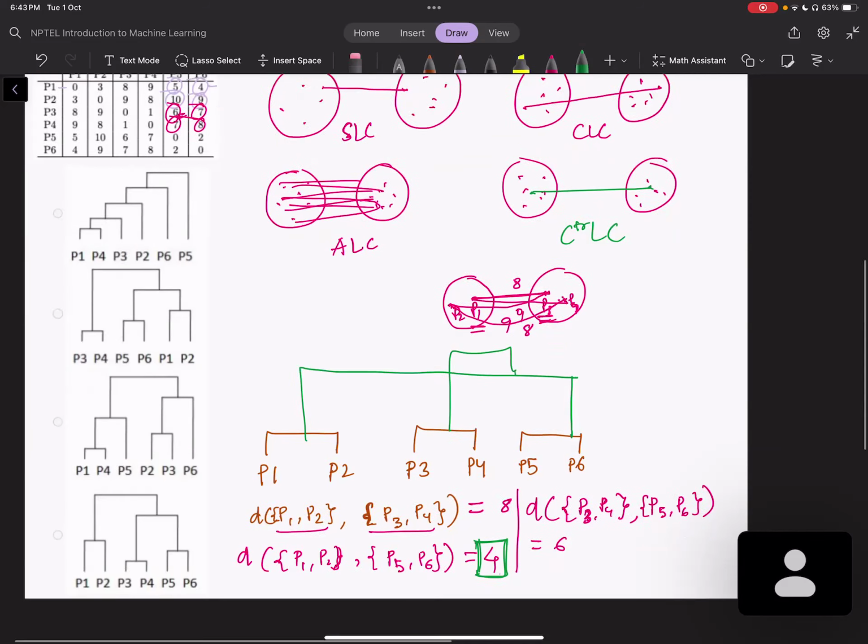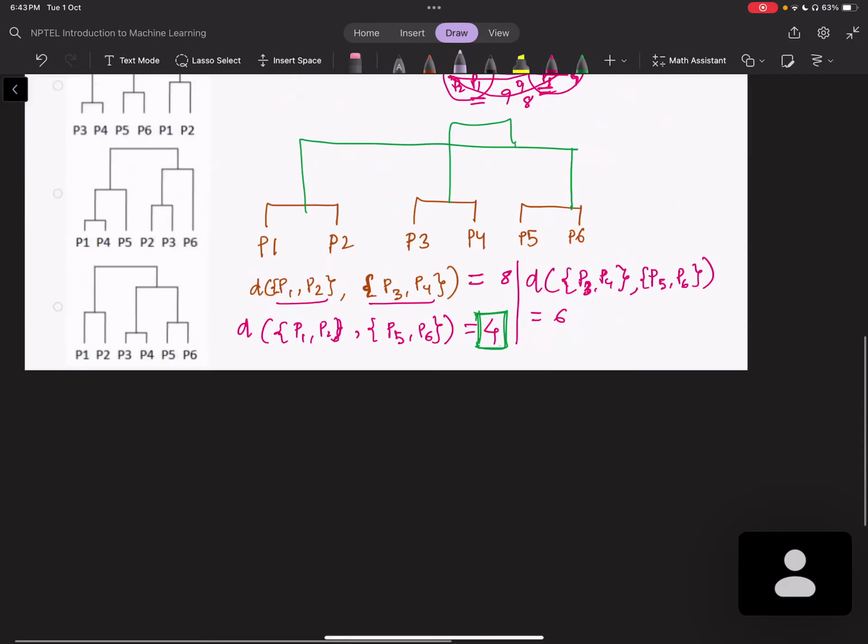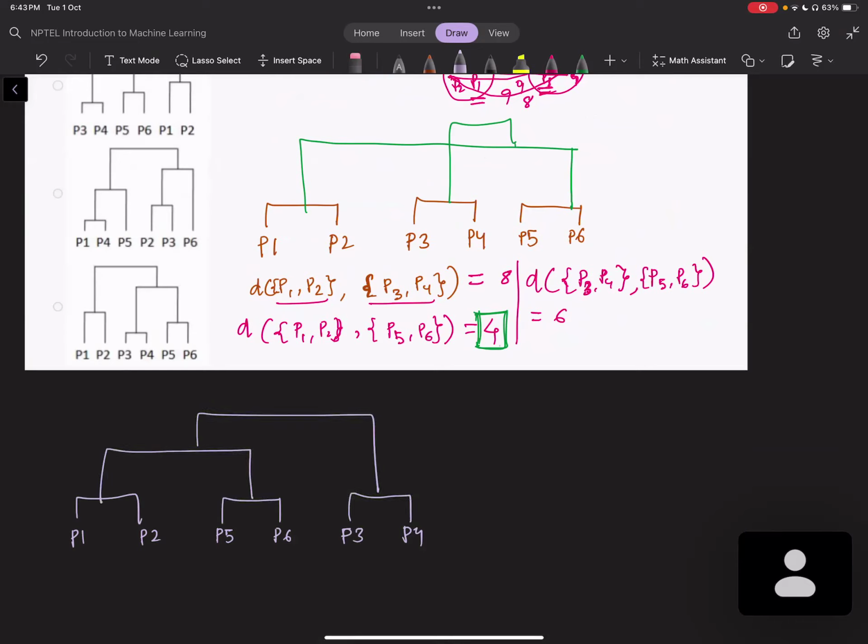The way we need to orient this should be different. So it should be P1, P2, P5, P6, then P3, P4. This will come like this. Same thing. And this is option B.